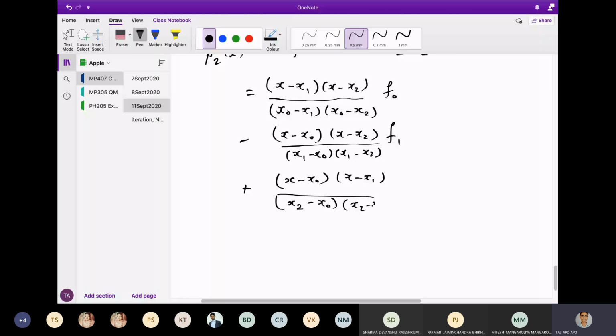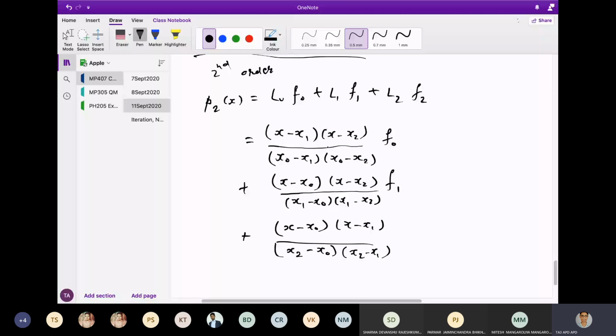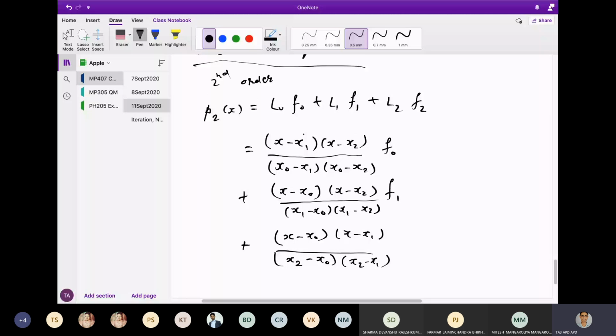Now if you see these Lagrangians that we are taking here, all three, they are not in linear form. If you expand this, what will it be? This is going to be x squared minus (x1 plus x2) into x plus x1 x2, divided by the whole constant term. This will be constant because you start with an initial guess x0, and you know both the data points x1 and x2, so this will be a constant.